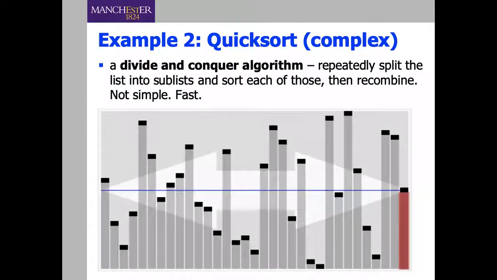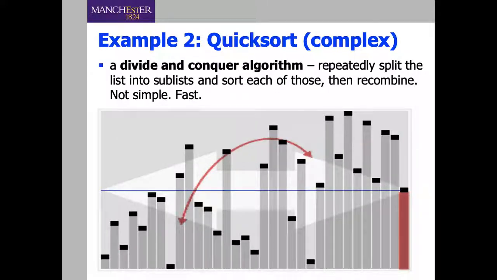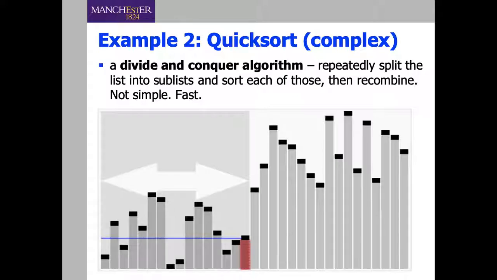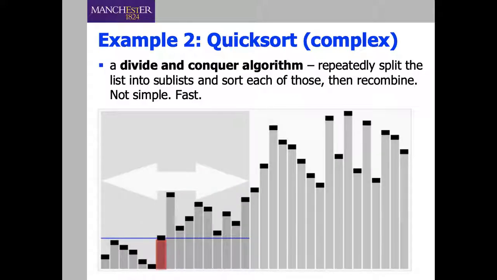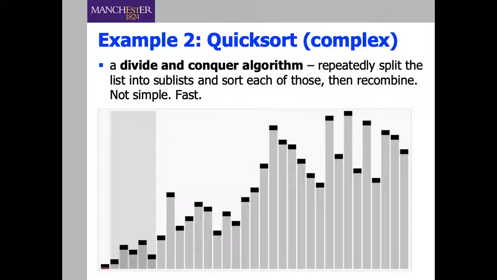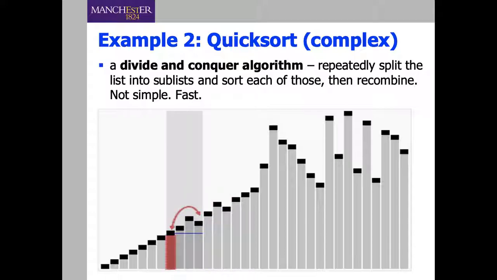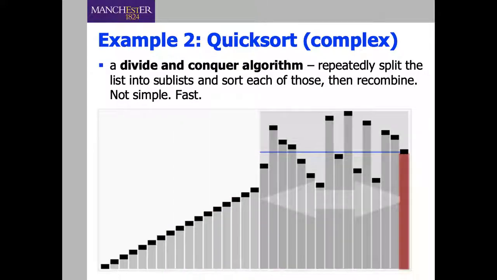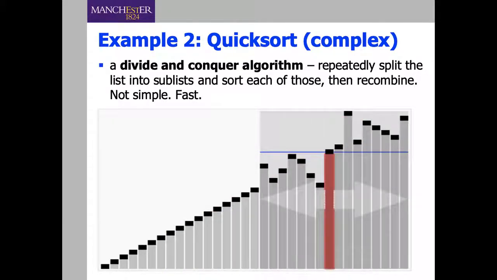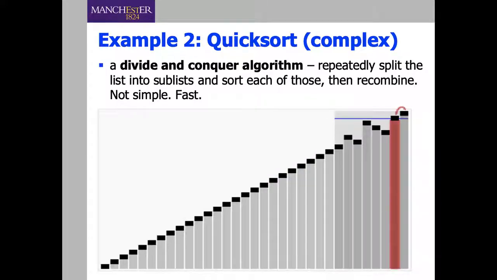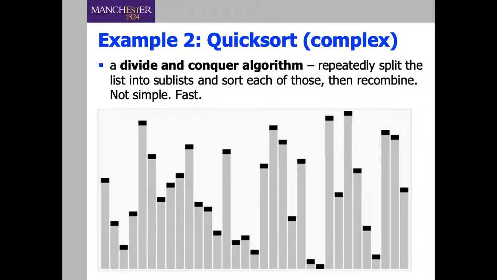Let's let it run again. Okay, so it's swapping things around quite a long way away. It's then splitting into two partitions and operating first on the left-hand side, and then splitting that into a smaller partition doing something, and you can see it's beginning to look sorted, that half, and then it's repeating the operation on the second half. And we end up with a sorted list. This is a complicated algorithm, but it's much faster than bubble sort.